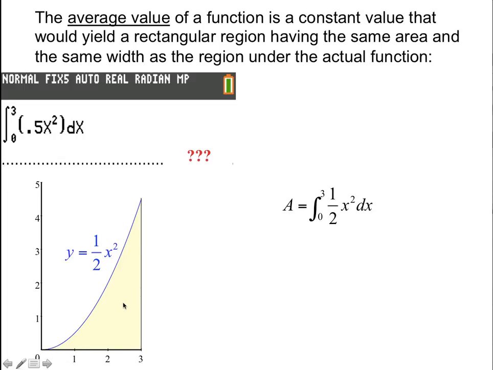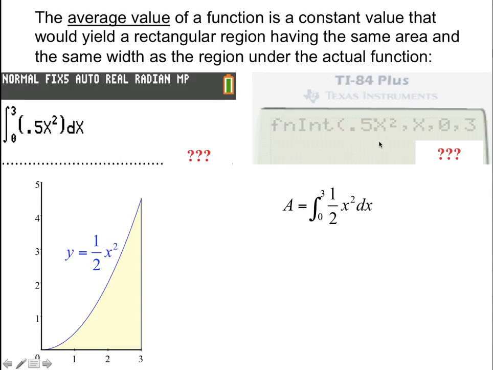And the value of that definite integral, we can put a math 9 into our calculator. Here's our half x squared from 0 to 3, our dummy variable dx. And this is the syntax for the older calculators.